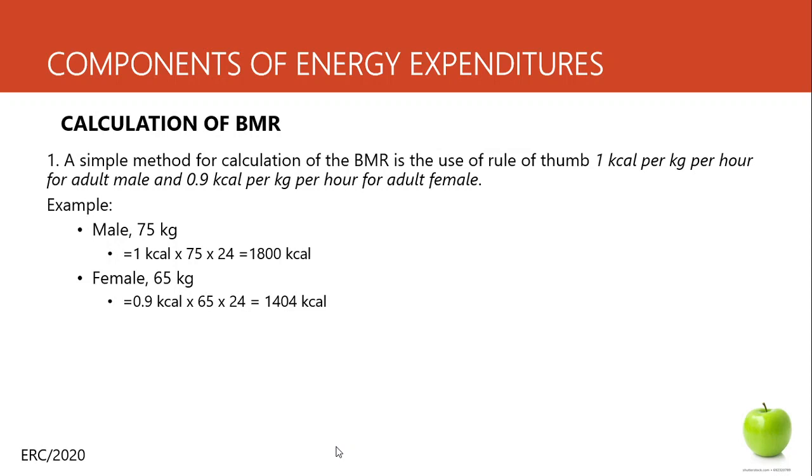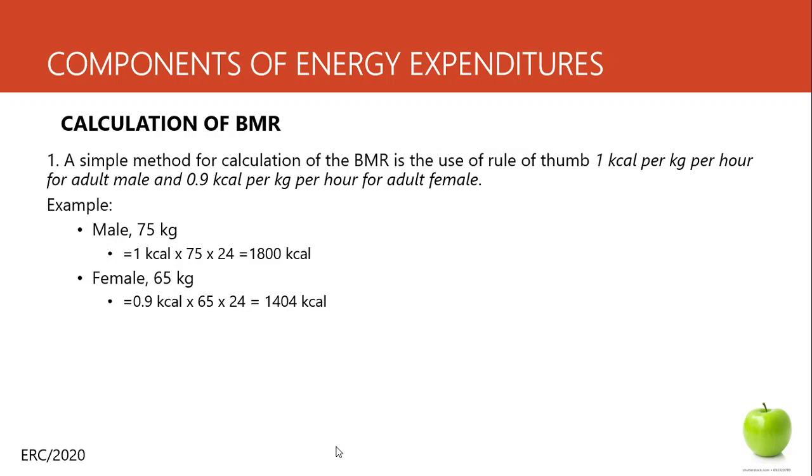For example, for a male weighing 75 kilograms, 1 kilocalorie multiplied by 75, the weight of the person, multiplied by 24. So the male weighing 75 kilograms has a BMR of 1,800 kilocalories.